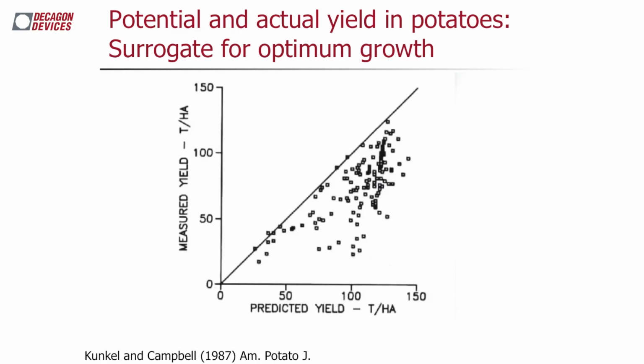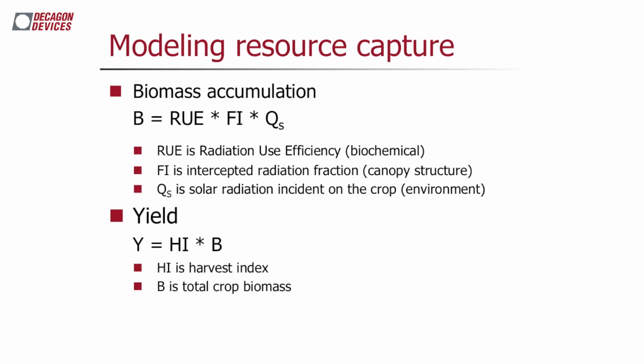This graph shows a very interesting thing: a few of those plots, in some of the years, were able to approach the maximum possible yield of that potato plot, but most of the potatoes never came close to that optimal line. And the very simple question that Dr. Kunkel asked my father at that time was, how can we actually get close to that line? How can I achieve the maximum possible yield in my potatoes each time?